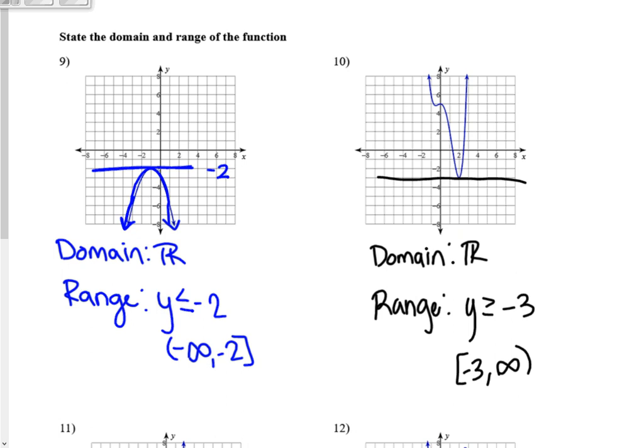We can also identify the type of these two graphs. So this first graph on number 9 is going to be a quadratic because it is that U shape. On number 10, we have the kind of that W shape. It's not always going to be a perfect W, but it does have that W shape. So this is our quartic graph.